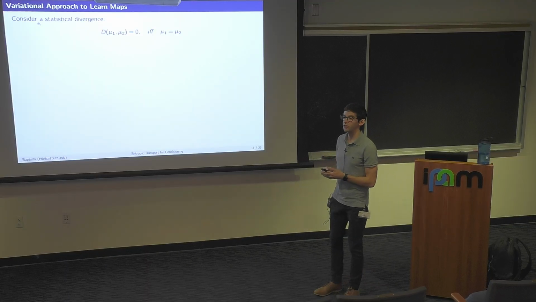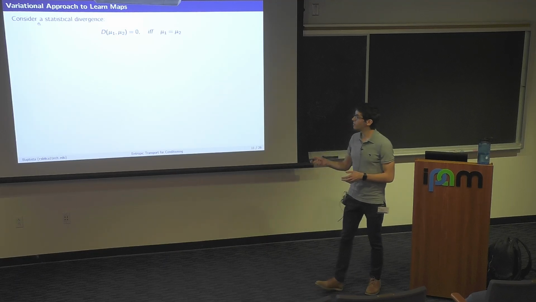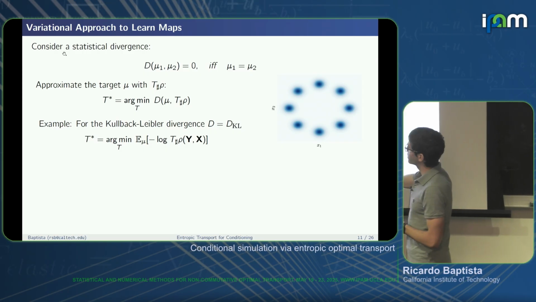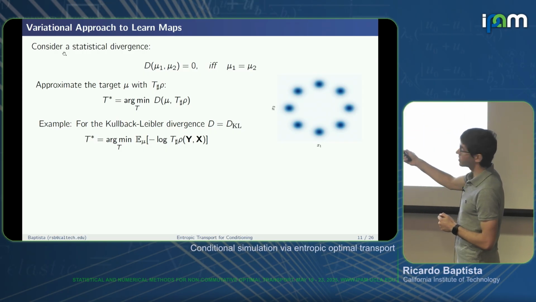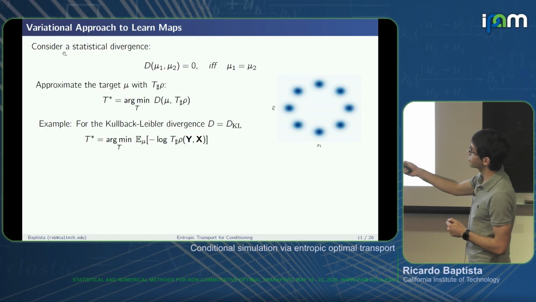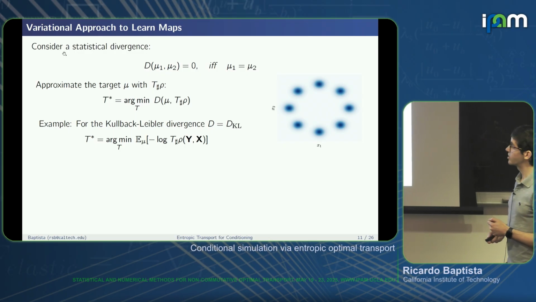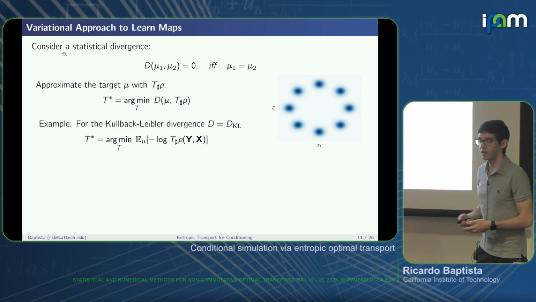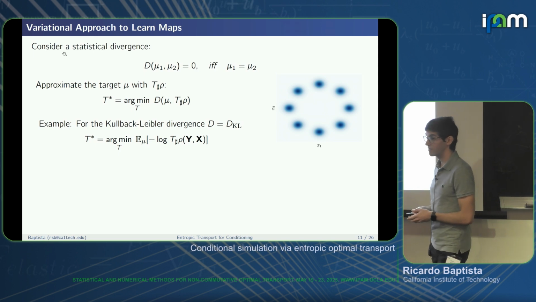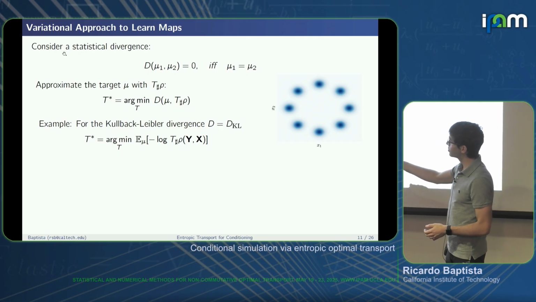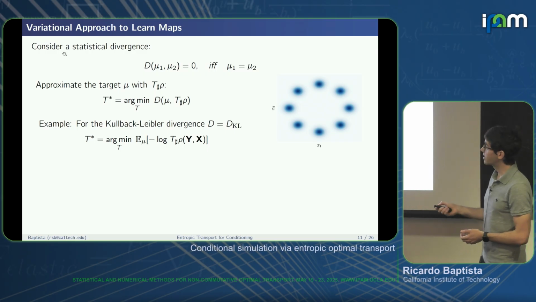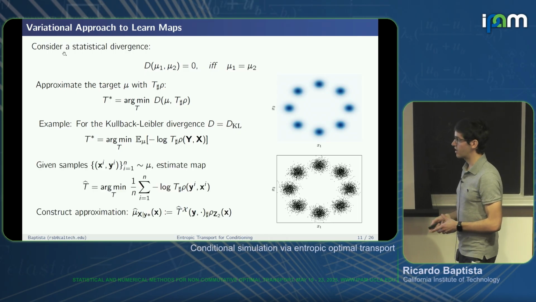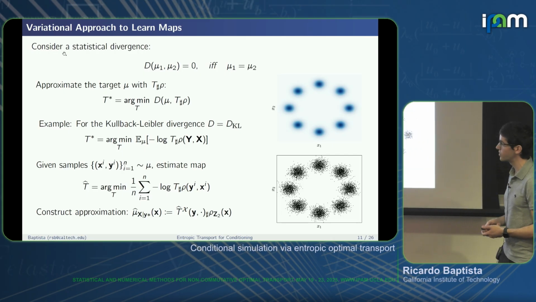Okay, so the typical approach to learn these maps is to use variational approaches. So one might introduce some type of divergence or metric between probability distributions, that I'll denote by D. And the idea is, given this joint distribution mu, to search for the maps that minimize the divergence between the target mu and the push forward through this Gaussian reference of the map T. So as an example, if we're working with the KL divergence, which is very common for one class of generative models known as normalizing flows, then solving this problem corresponds to solving a maximum likelihood estimation problem for the push forward density of the map through the Gaussian reference, which you can implement given this collection of samples from the joint.